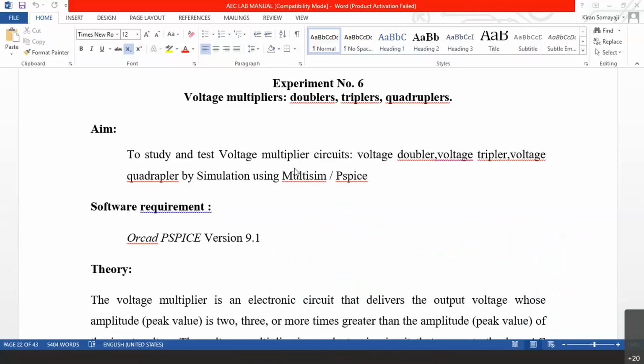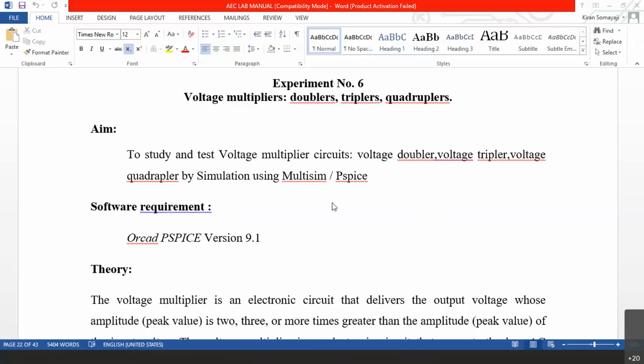Study and test voltage multiplier circuits, voltage doubler, voltage tripler, voltage quadrupler by simulation using either Multisim or PSpice. We are using PSpice. There is another software called Multisim. Multisim means multiple simulations. It has got multiple options for simulation. That's why it is called Multisim. You can use PSpice also, you can use Multisim also.